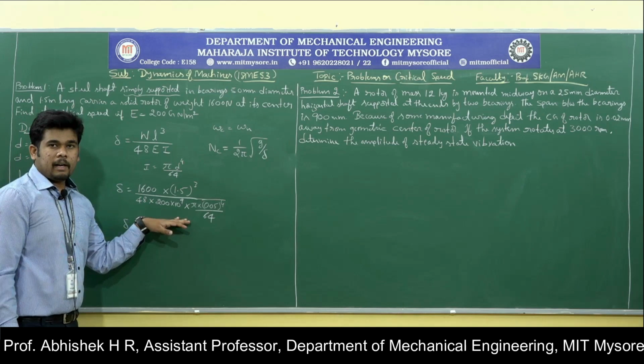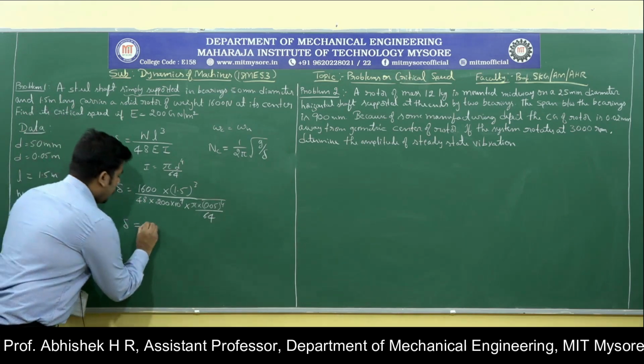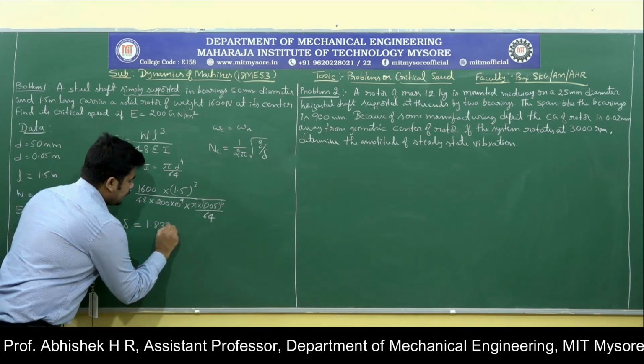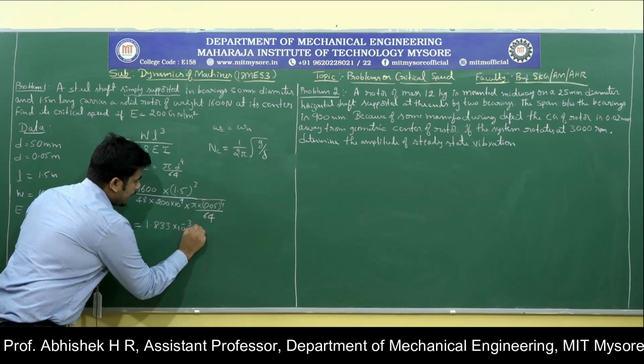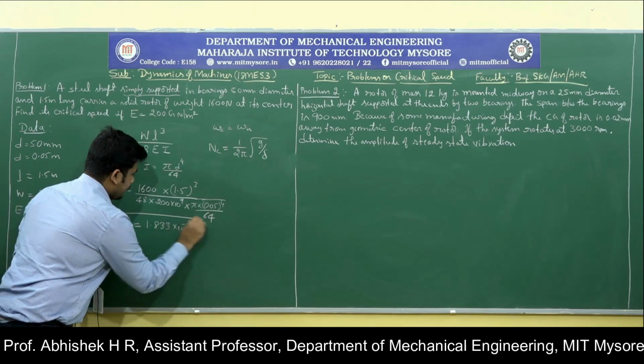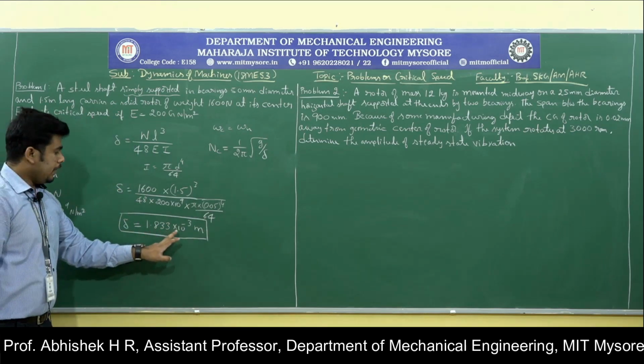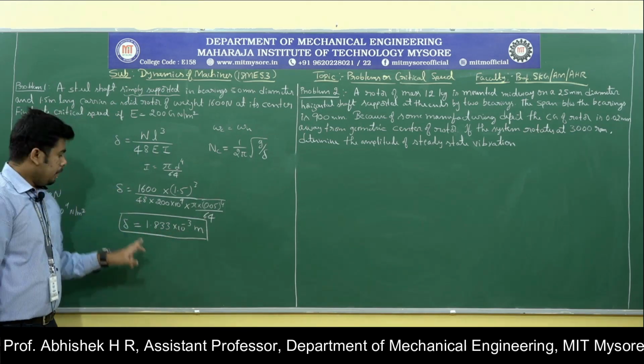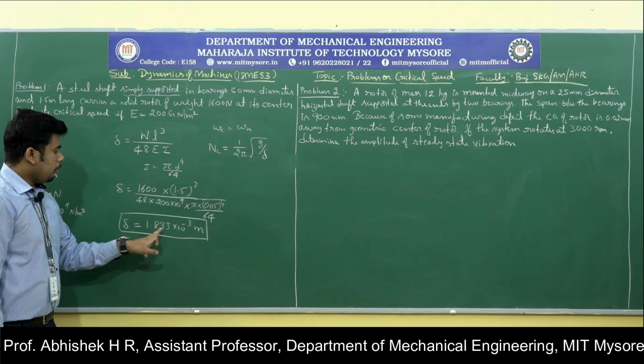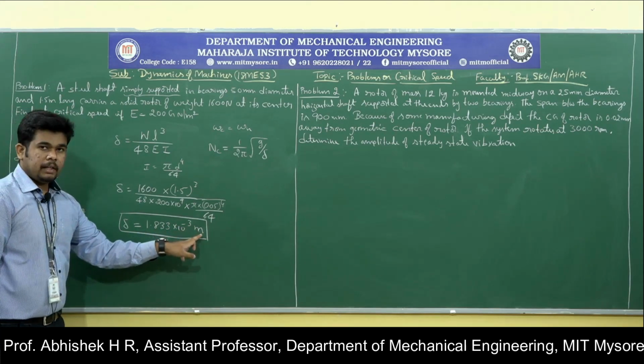If you simplify this, you will get delta is equal to 1.833 into 10 to the power of minus 3 meter.